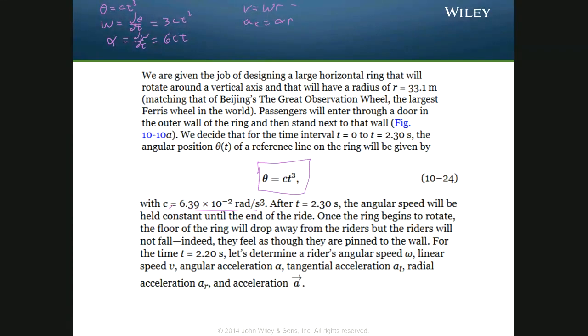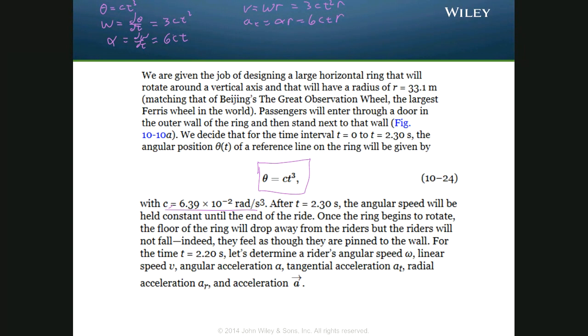So from there we can see that this will be equal to 3ct squared r, and this will be equal to 6ct times r. All right, I'm going to have you guys plug those in and see if you get the right expressions, but you should.